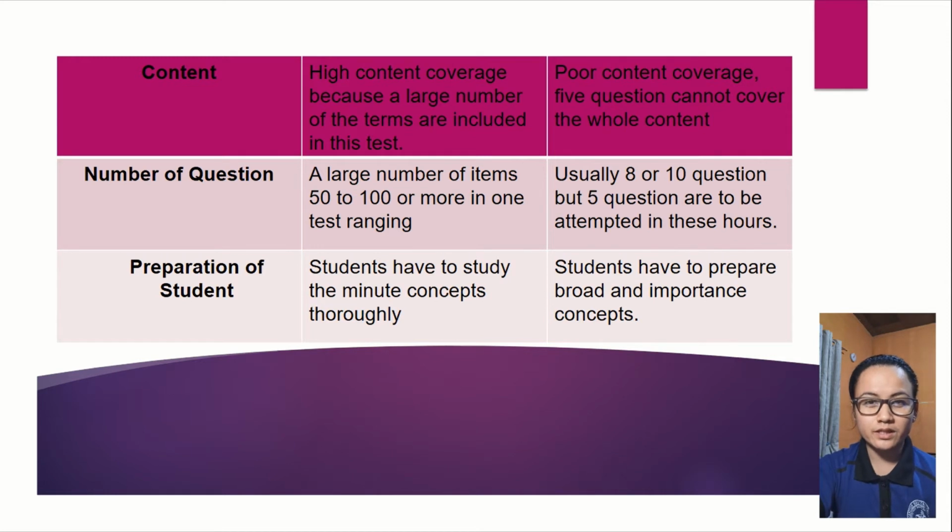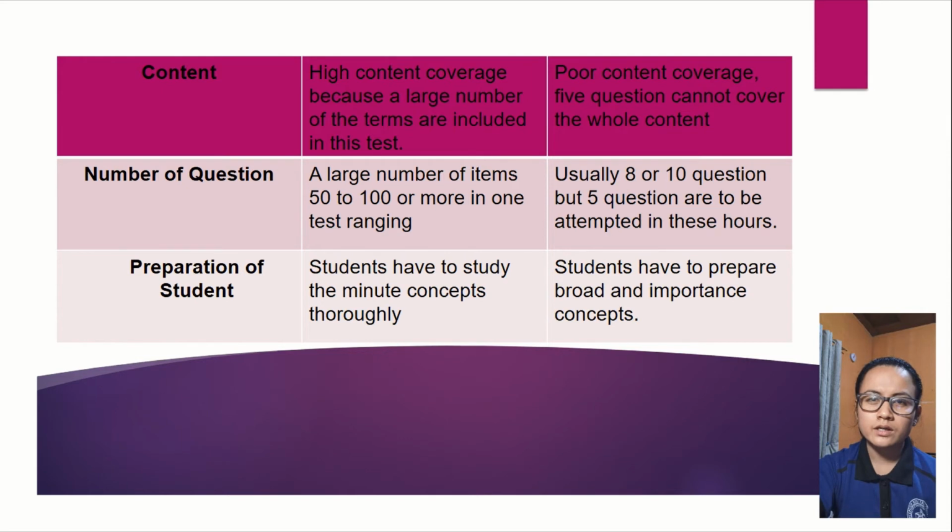On the basis of content, objective tests have a high content coverage because a large number of the terms are included in this test, while subjective tests have poor content coverage. Five questions cannot cover the whole content of the subject. Let's go to the number of questions.